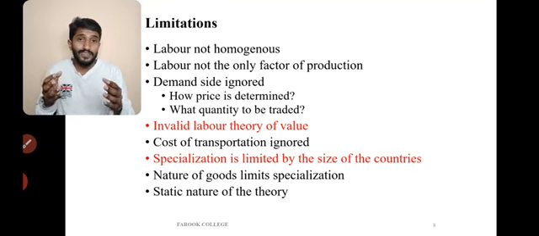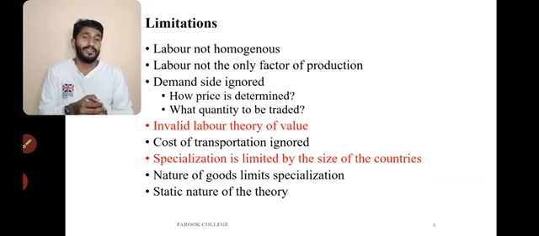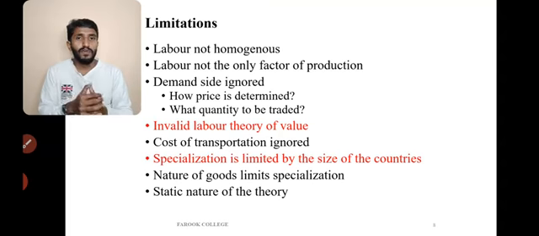And also there is a possibility that normally all the countries will produce some kind of wheat and basic agricultural products in their own country. So they won't fully specialize in the production of one commodity. So this is also a limitation. Then the nature of the goods limits specialization.